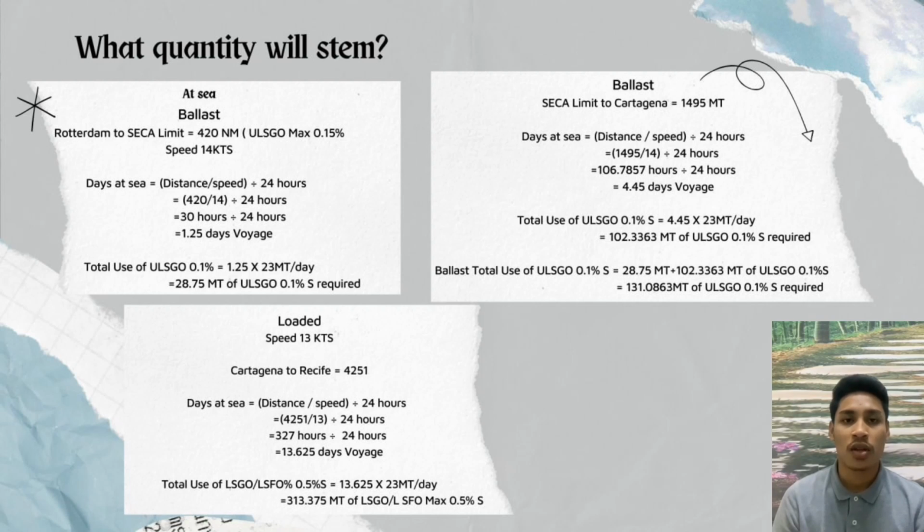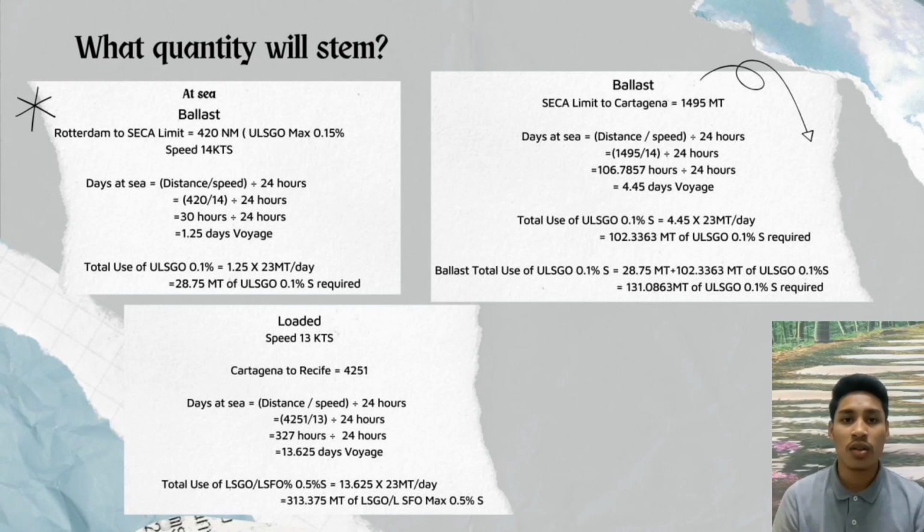First we should calculate days at sea. The formula is distance divided by speed and divided by 24 hours. So 420 divided by 14 and divided by 24 hours. We will get 1.25 days voyage.